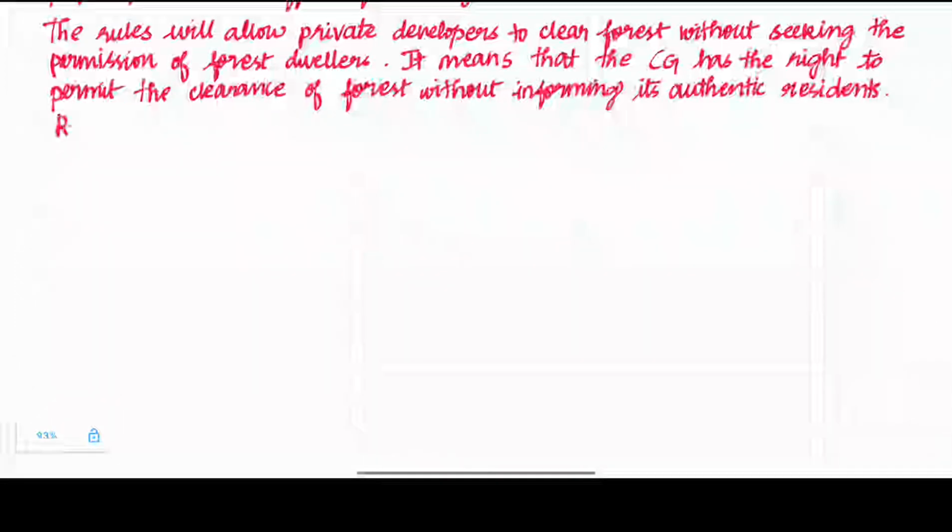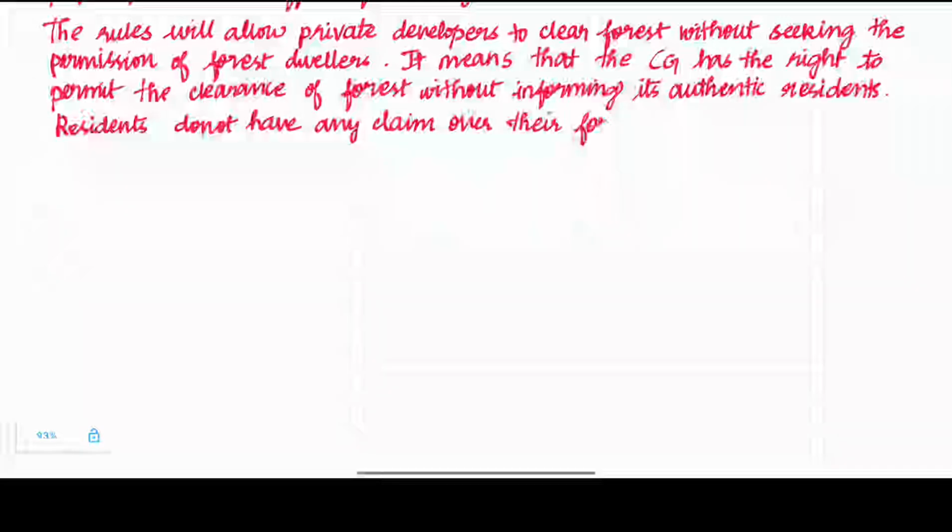Finally, the residents do not have any claim over their own forest area in case of any diversion to non-forestry activities.